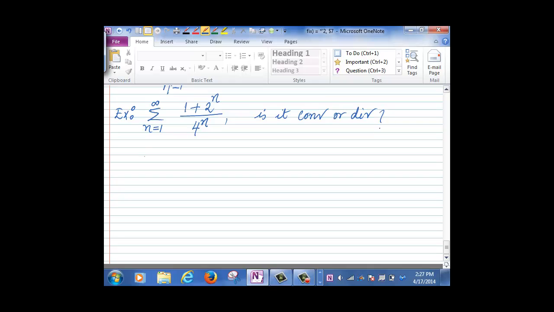Okay. So what should I do? I think I did an example like this last time. Anyone? Split it up. 1 over 4 to the n plus 2 to the n over 4 to the n. Okay, I did that.